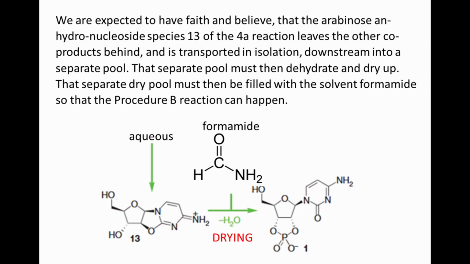That separate pool must then dehydrate and dry up. That separate dry pool must then be filled with the solvent formamide, so that the procedure B reaction can happen. I understand that natural pools and streams may dry up every year during the dry season. That such a dry pool would then fill with formamide before the next rain is a stretch of my imagination.